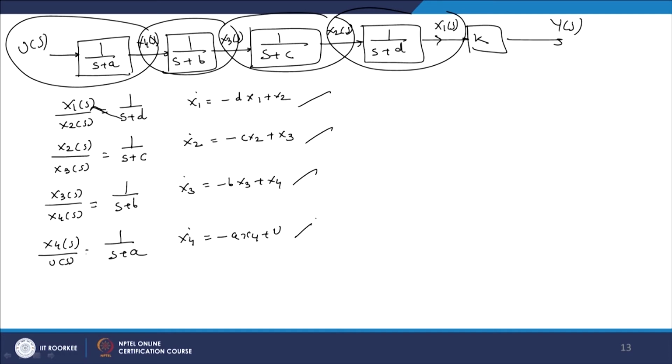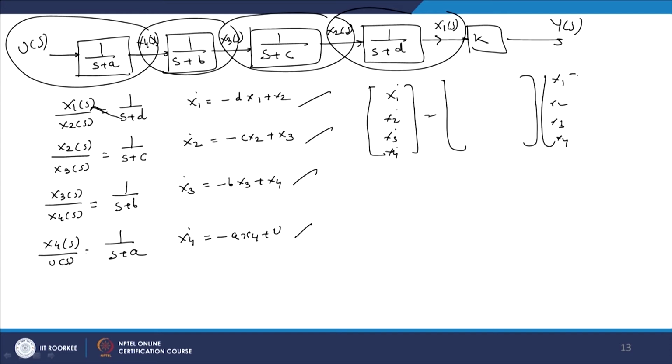Now, we have to represent this in a state space model. So, how do we represent it? We have x1 dot, x2 dot, x3 dot, x4 dot equal to, a matrix times x1, x2, x3 and x4, and this is the term for u.